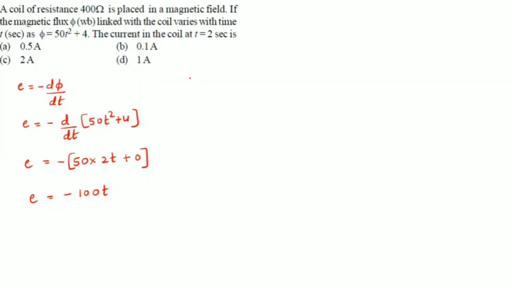And we have one more equation. According to Ohm's law, we have the equation I equal to E divided by R. So we want the magnitude of current. So I equal to 100t divided by resistance, which is given, that is 400.